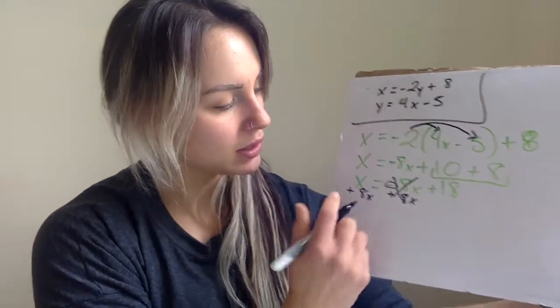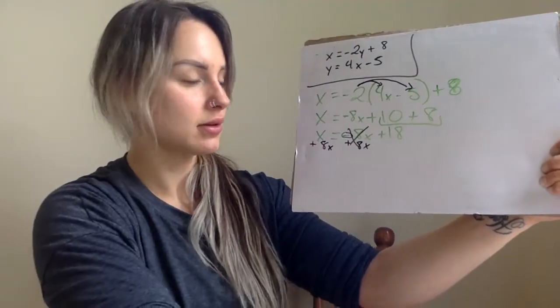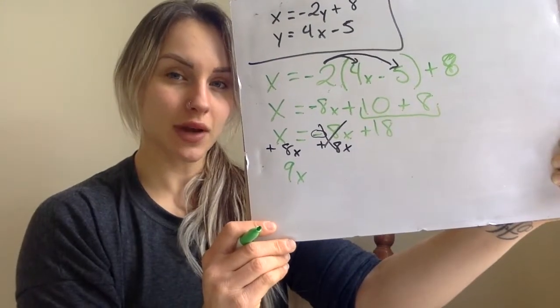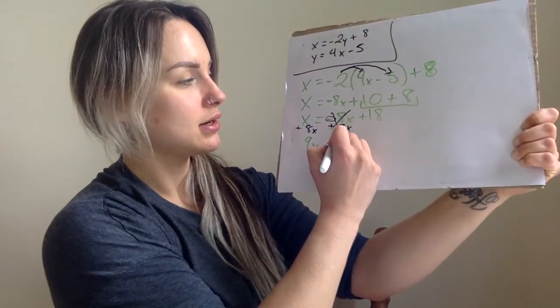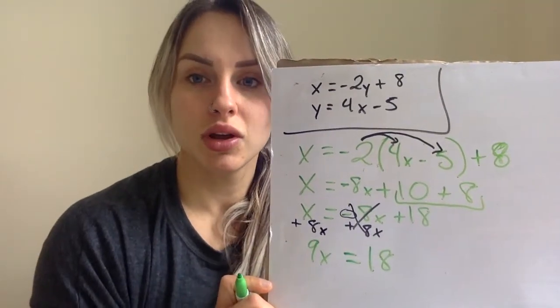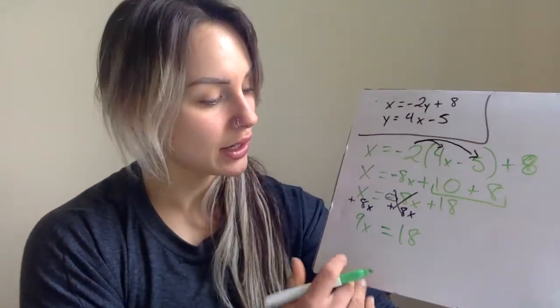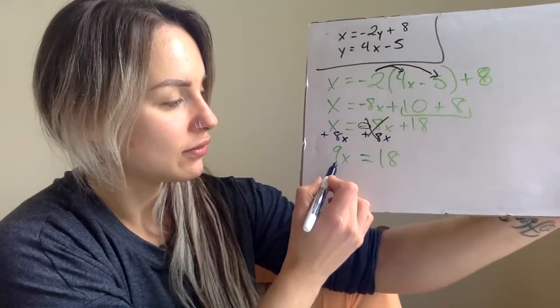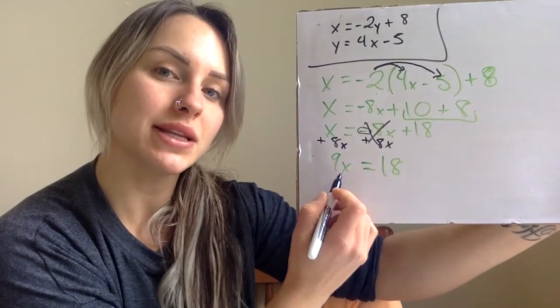So 8x plus 1x is 9x, right? And then we'll write the rest of the equation out. So 9x equals 18.